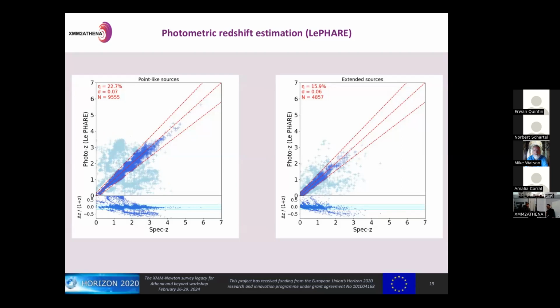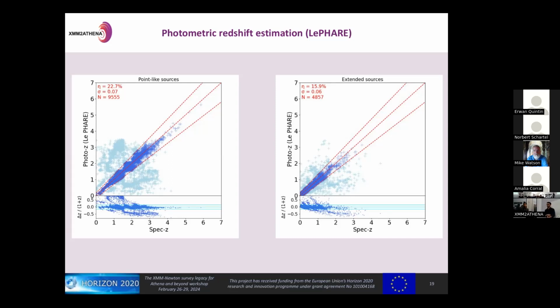Okay, this is something we are still working on, because we have this morphological classification with 4 classes: most probable and likely point-like, and the same 2 classes for the extended sources. But when we use for extended sources only the secure extended sources, the results were that 15% went down to 10%.